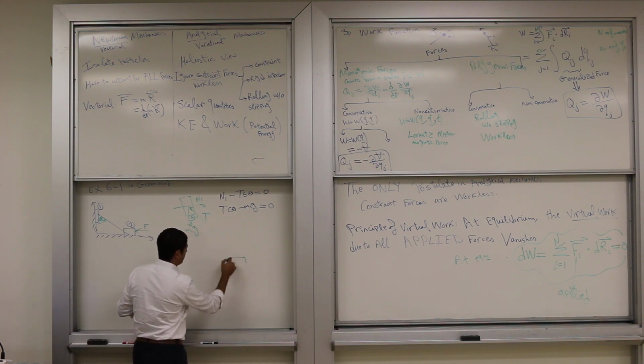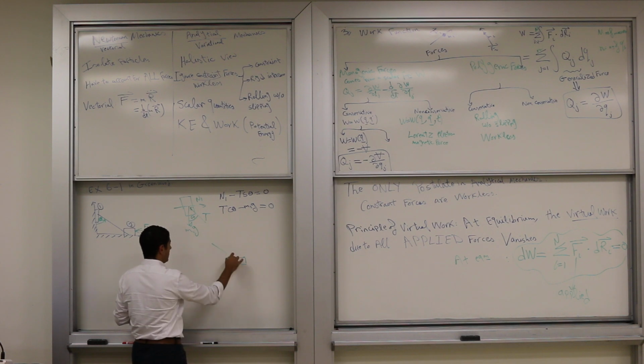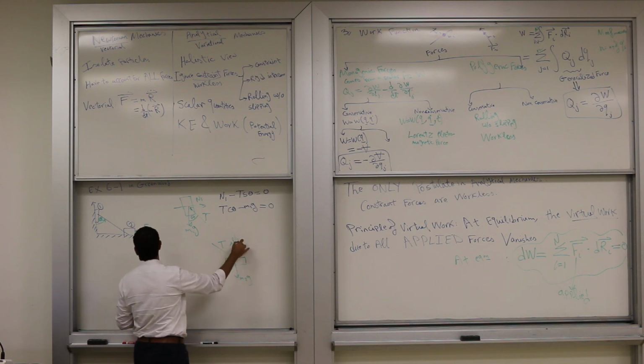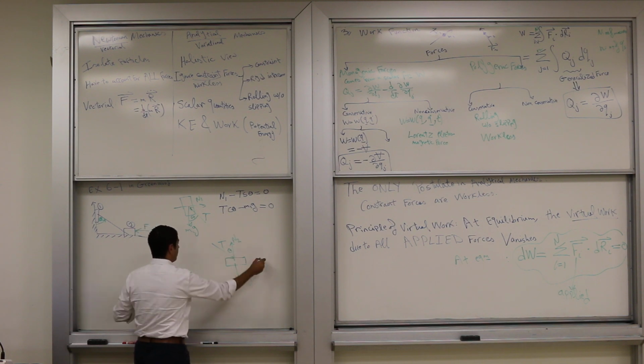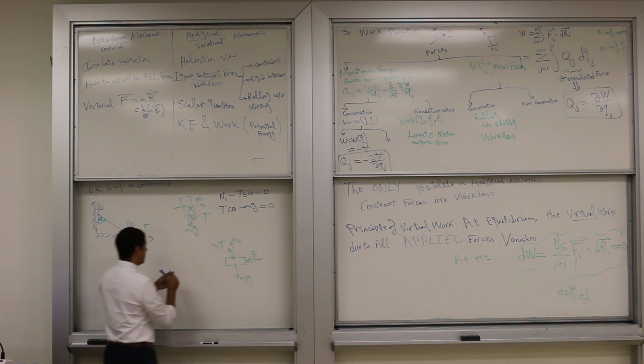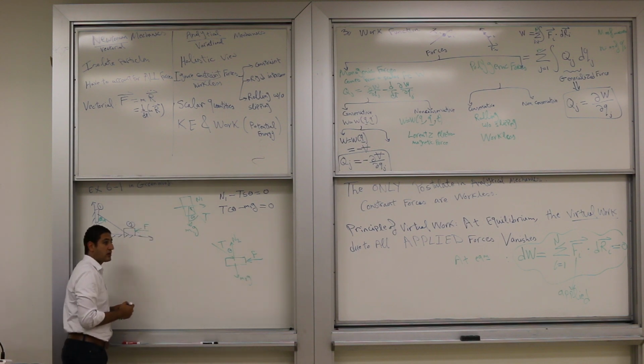Let's see here. Here is this guy. We have T, right? We have M2G, we have N2, I have theta, and I have your force F. You're gonna write similar two equations. What are these two equations?